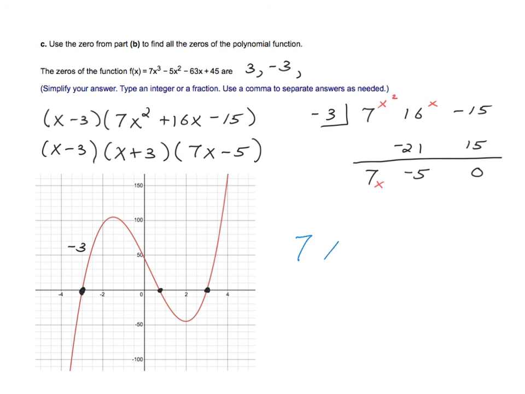You can take 7x minus 5, set it equal to 0, and solve for x. I will first add 5 to both sides. That gives me 7x is equal to positive 5. I will divide both sides by 7, and I get my answer that x is equal to positive 5/7.